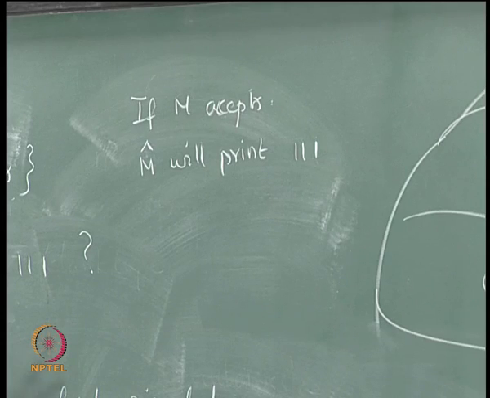So, if the problem whether a machine will print 3 consecutive ones or not is decidable, you can start M on blank tape and see whether it will accept or not. What is that problem?